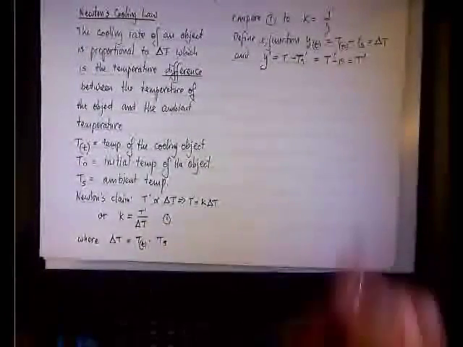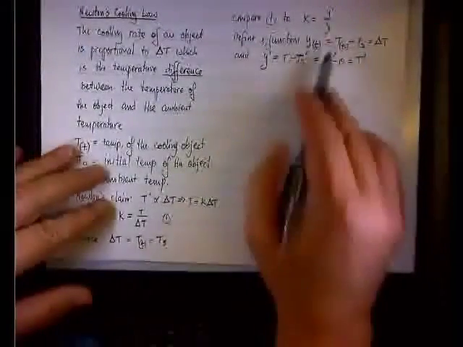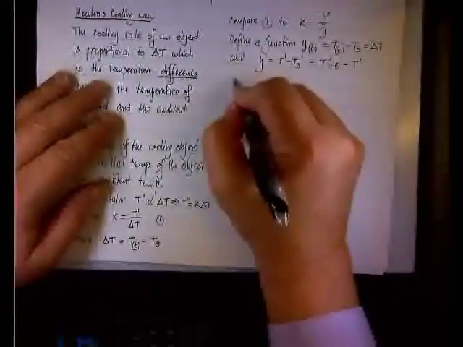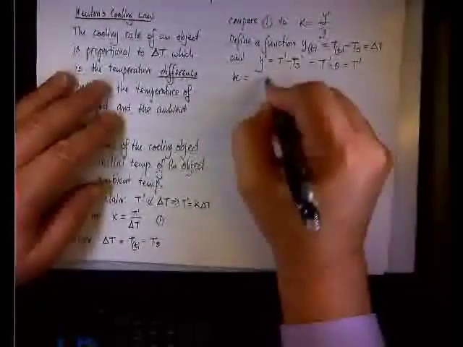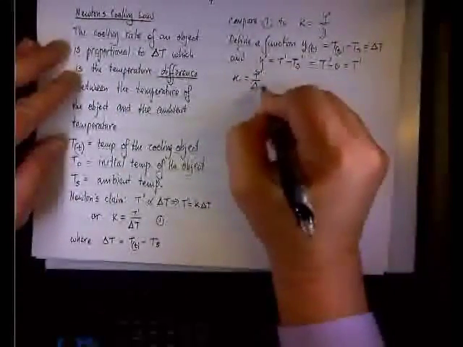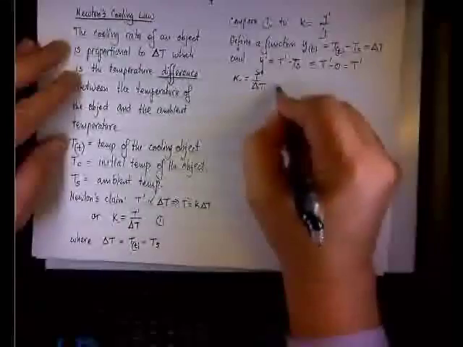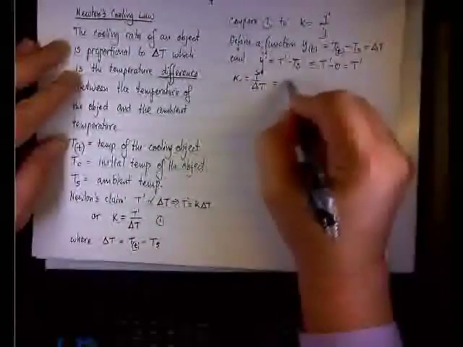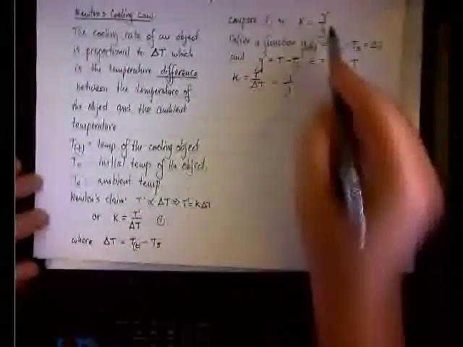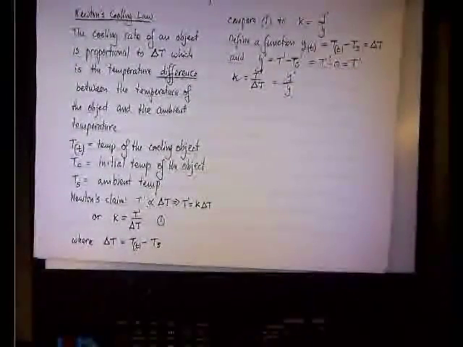So now we can have k equal to, instead of T prime over delta T, T prime is the same as y prime, and delta T is y. And we are back to what we had before when we dealt with exponential growth and decay.